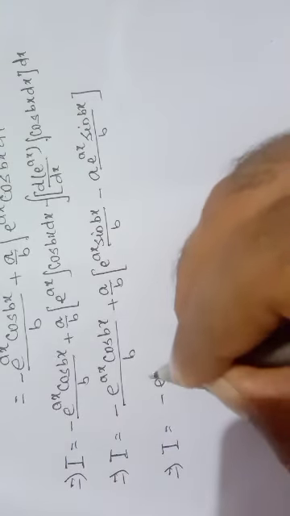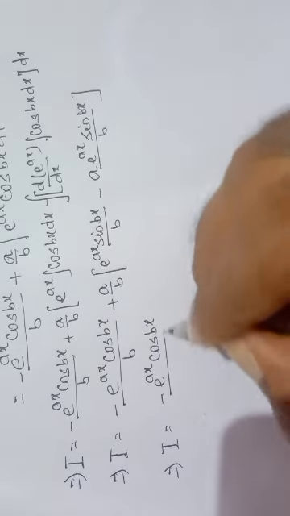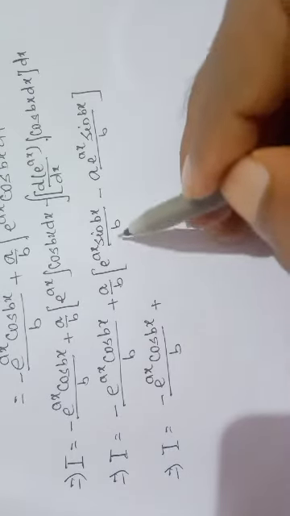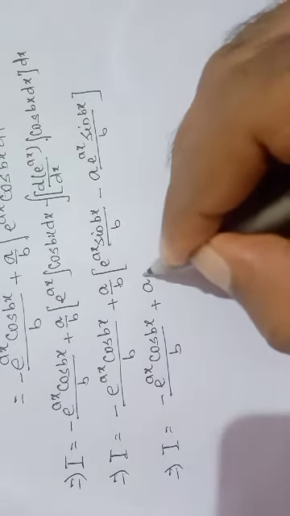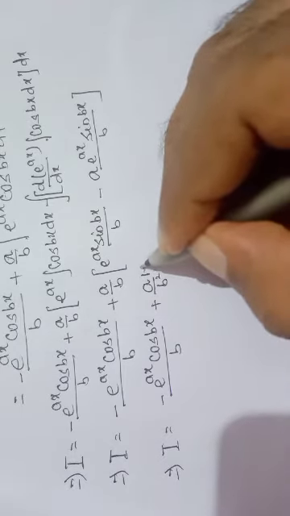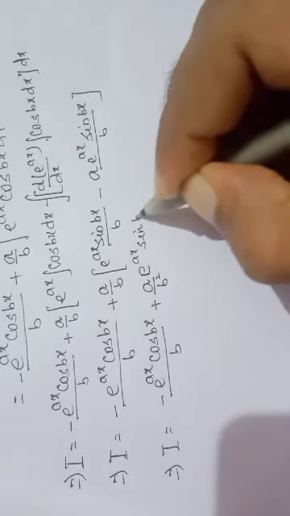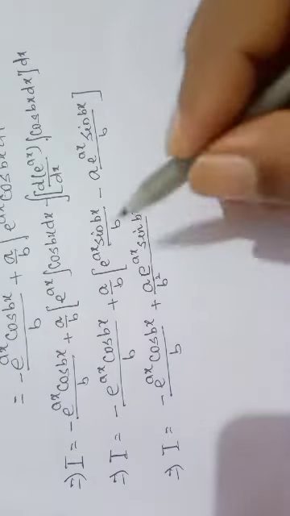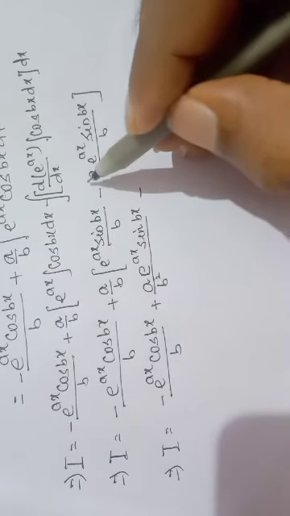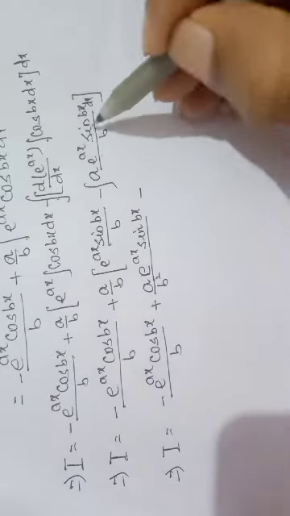After opening the bracket, I should be written as minus e to the power ax cos bx upon b plus a upon b square, a upon b square into e to the power ax sin bx minus, see here students, one more term is left here, that is the integration of this value.